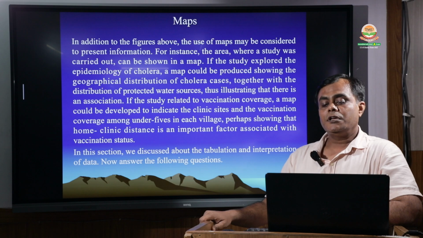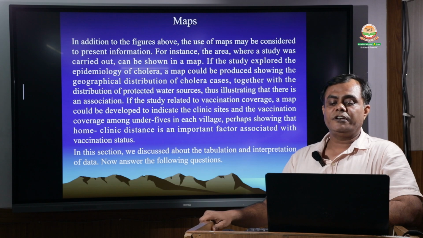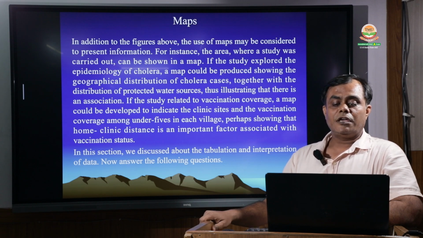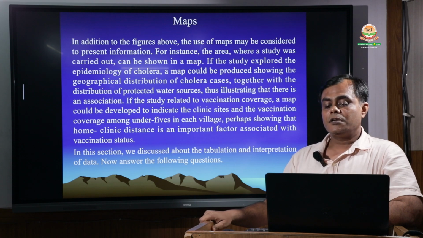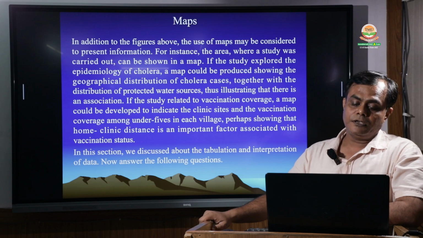If the study related to vaccination coverage, a map could be developed to indicate the clinic site and the vaccination coverage among under-5s in each village, perhaps showing that home-to-clinic distance is an important factor associated with vaccination status.